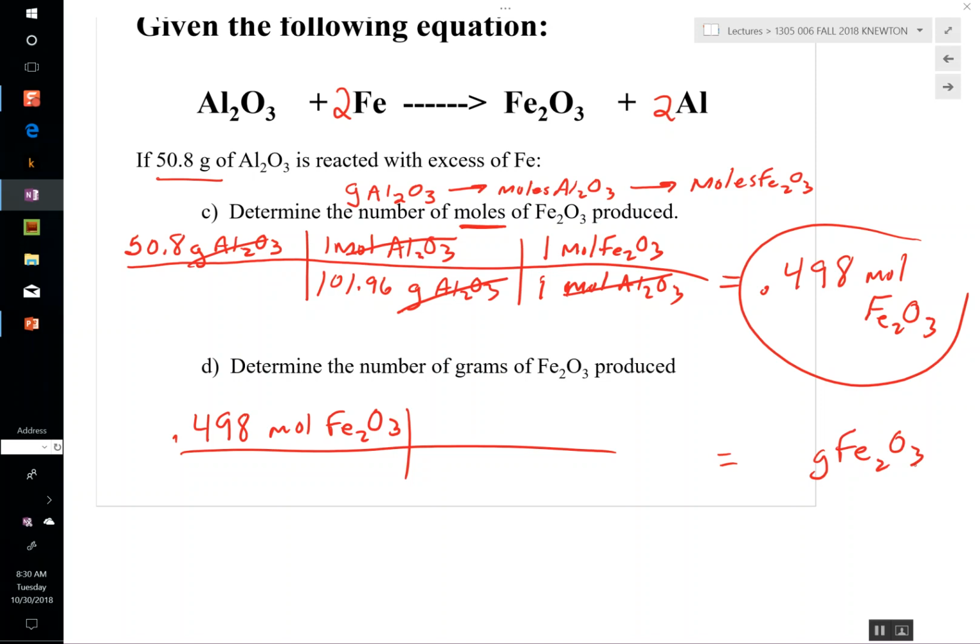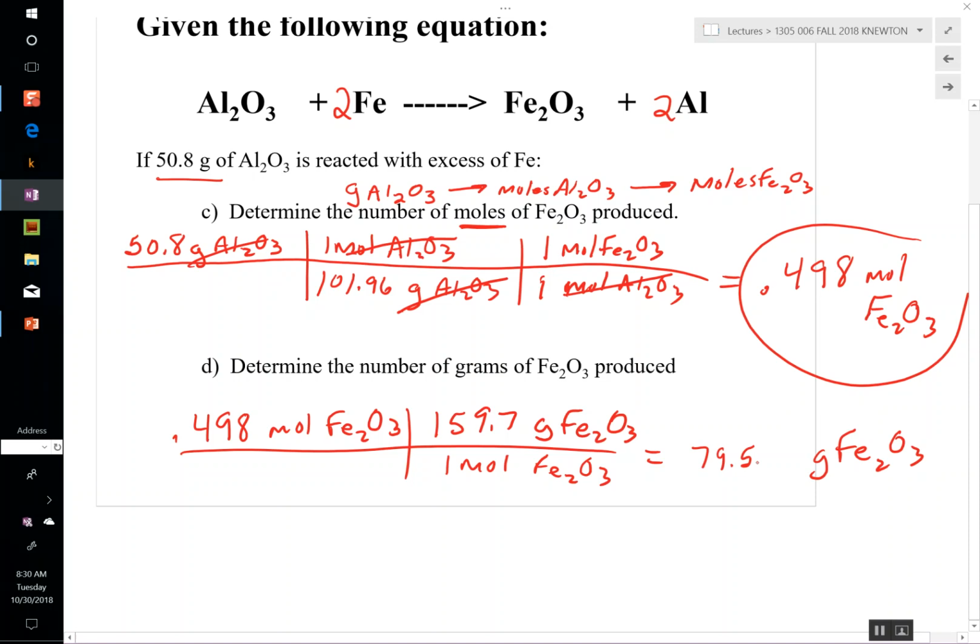Okay, you need the molar mass. I didn't point that out up here. Maybe you all calculated it, but someone already got it up here. So it's 159.7 grams of iron oxide per mole of iron oxide. And how many grams does that come out to? 79.5 grams.